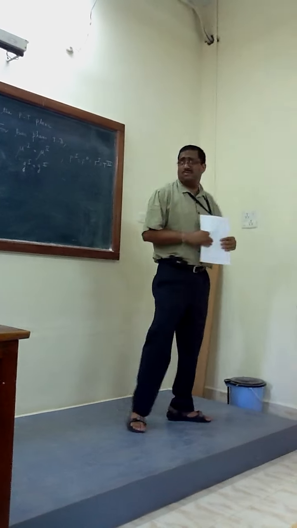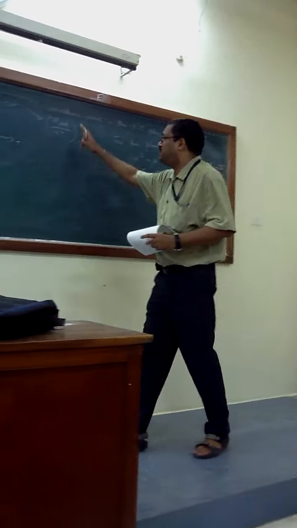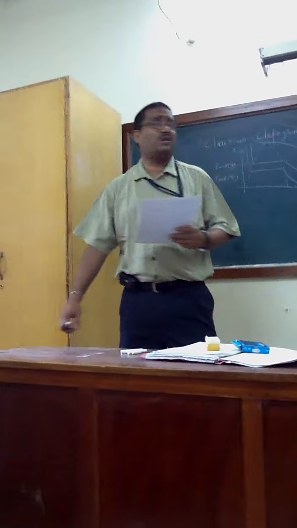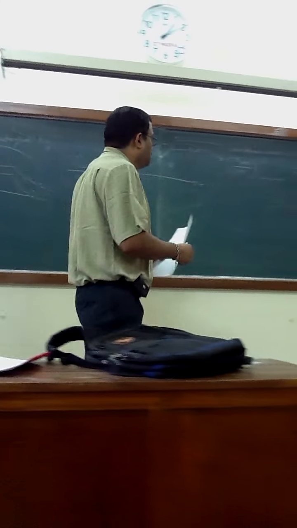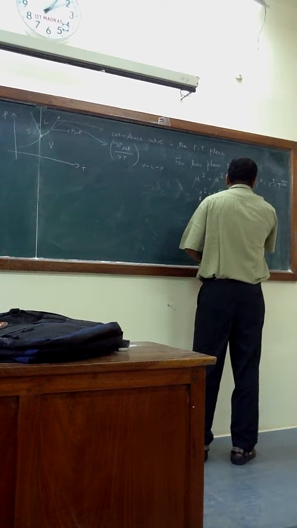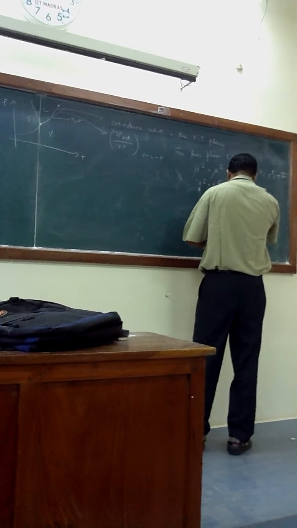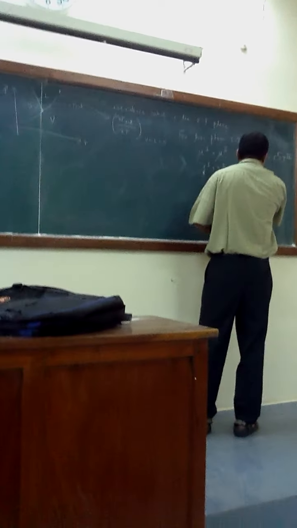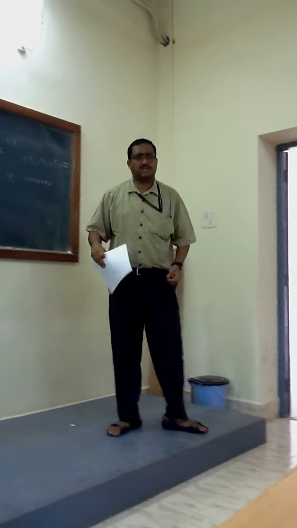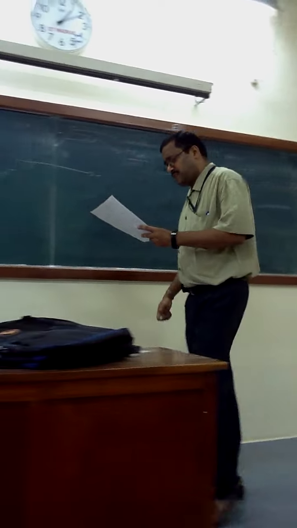We have to calculate, remember that? We have to calculate dou P sat by dou T. We have the formula dG equals minus S dT plus V dP, that we have seen, combined first and second law.